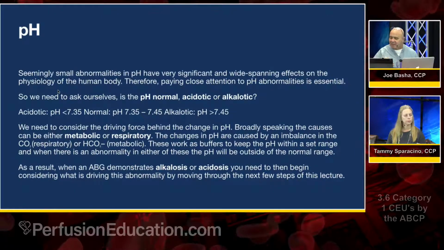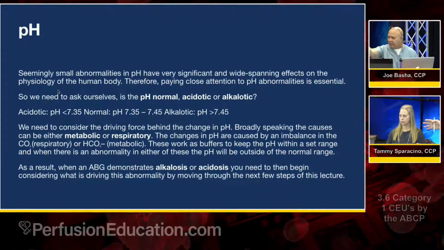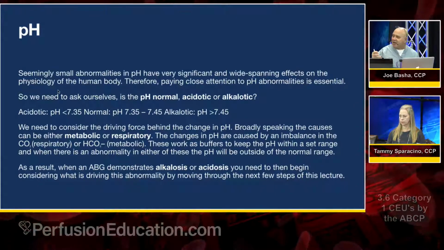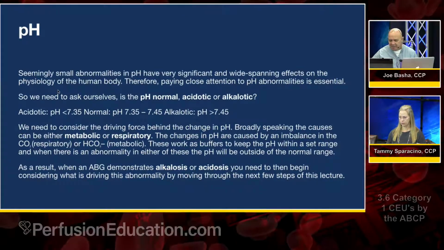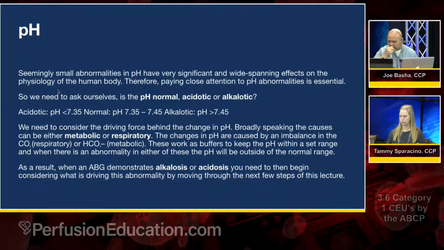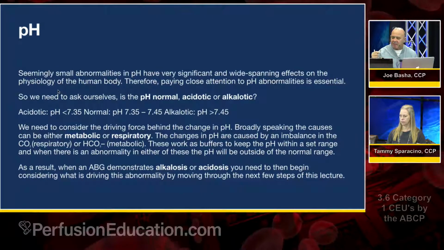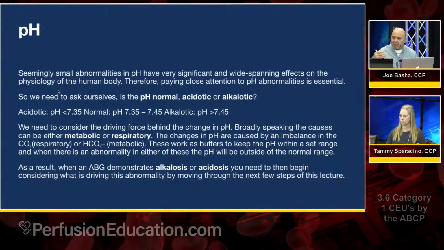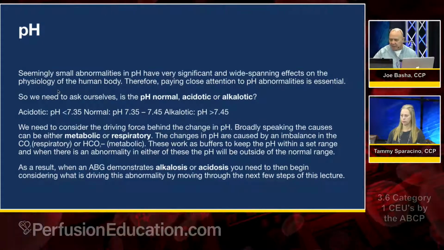So when you have an acidic situation, you'll make yourself respiratorily alkalotic in order to try and correct the metabolic acidotic derangement. As a result, when an ABG demonstrates alkalosis or acidosis, you need to then begin considering what the driver for this abnormality is by moving through our next few steps of this lecture.